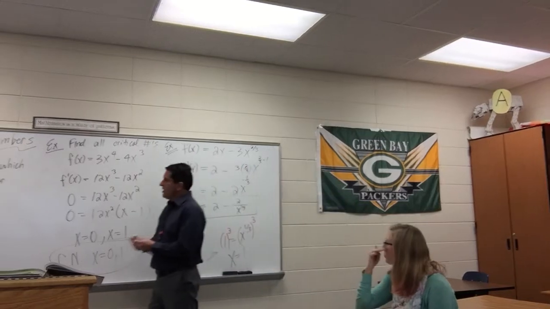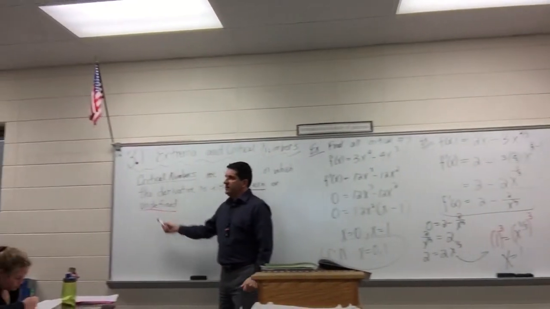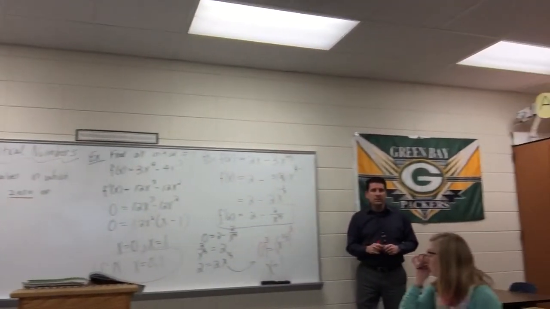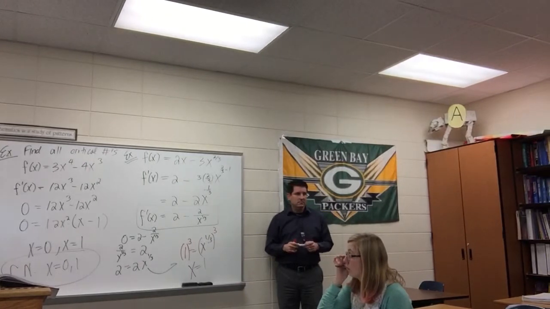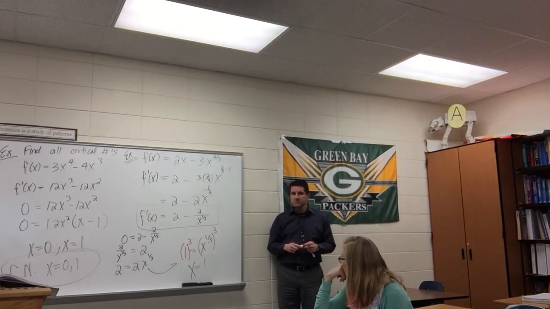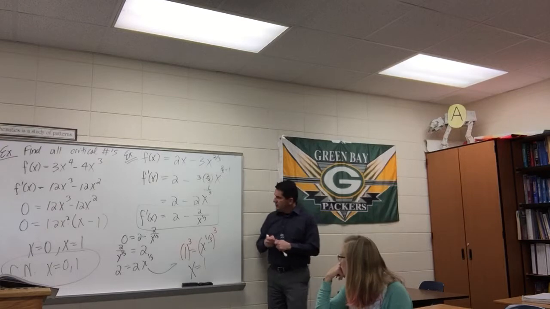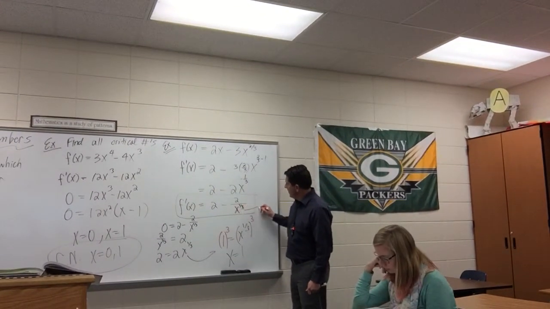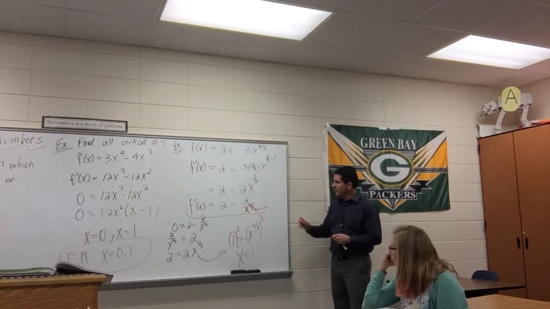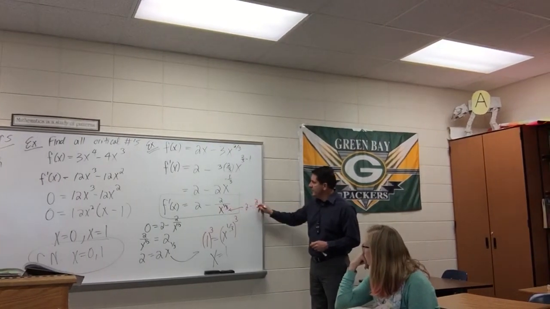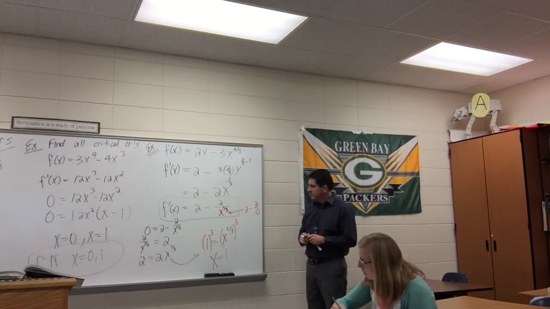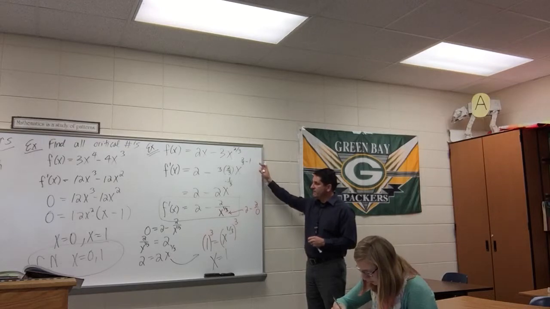Okay, but we got to check for both of these. Is there ever an x value where this derivative is undefined? It's 0. You see, if x were 0 right here, we'd end up with 2 minus 2 over 0, which is undefined. So this function has 2 critical numbers as well.